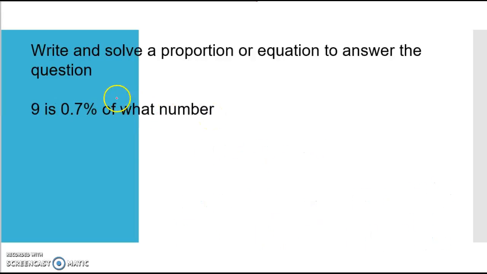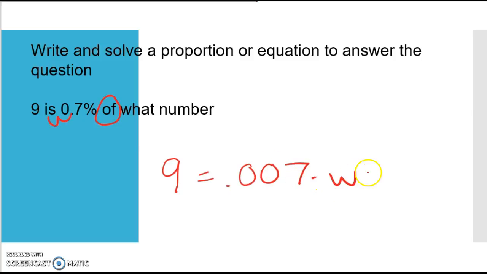Alright, so for this one, I look at this keyword and I have of, so I know that I'm looking for my whole. So I'm going to have 9 as my part, and then is equal to, let's see, we need to change that to our decimal, so we're going to move it to the left 2. This is really 0.007 times W, because I'm looking for my of, so I'm looking for my whole. Now I'm going to divide each side by 0.007.